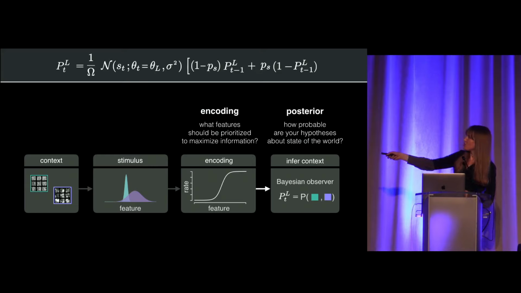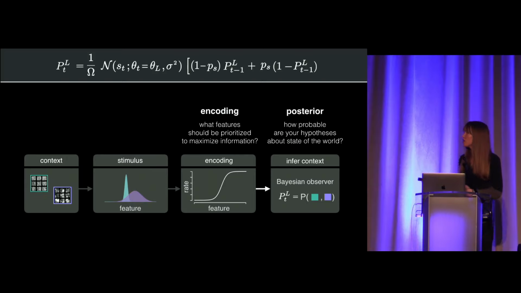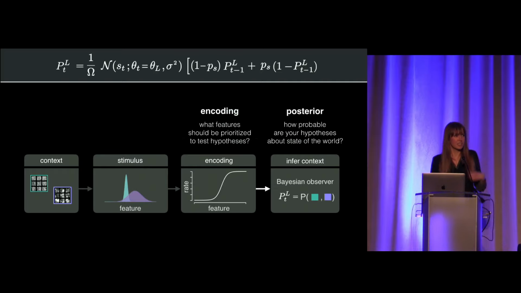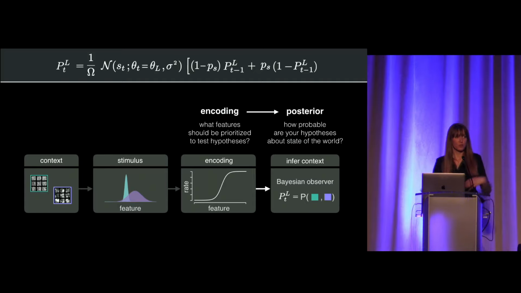And so in doing this, we can actually rethink what we might want from this encoding step. So rather than thinking about this encoding purely in terms of maximizing information, we could think about this encoding in terms of prioritizing features that are useful for testing and evaluating these hypotheses about the states of the world. And if we think about encoding in this way, then we can prioritize features that are useful for building accurate posterior distributions about the states of the world.